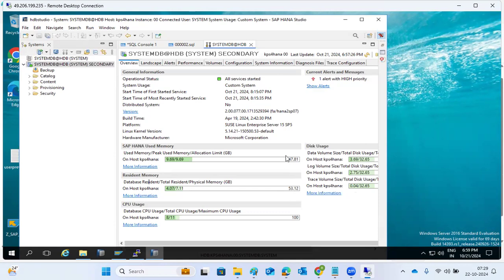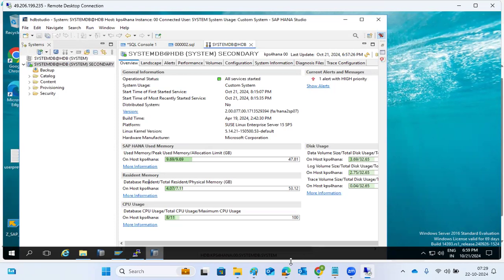And this is the HANA memory, which means only what HANA is utilizing, that we call the HANA used memory. So that is the HANA used memory versus the resident memory status. Out of your entire physical memory, HANA used memory is how much HANA is currently using, except free.